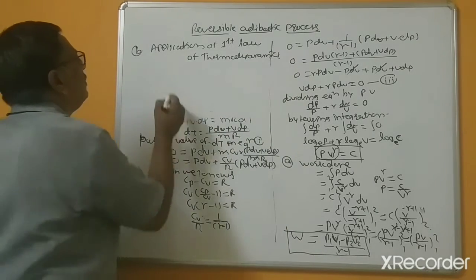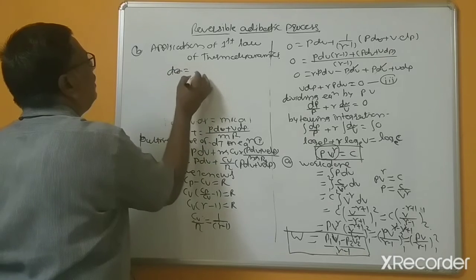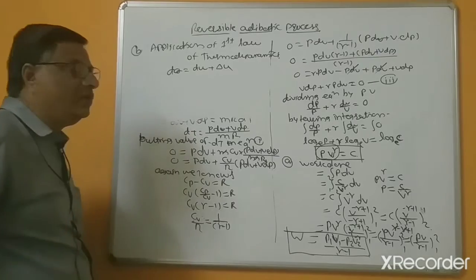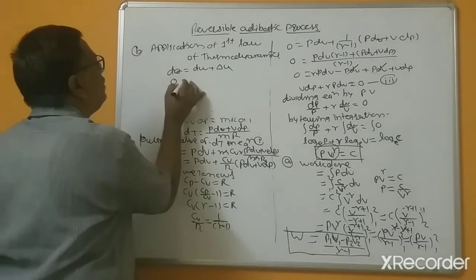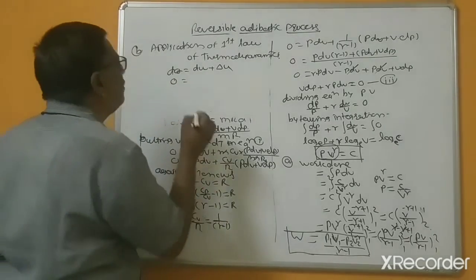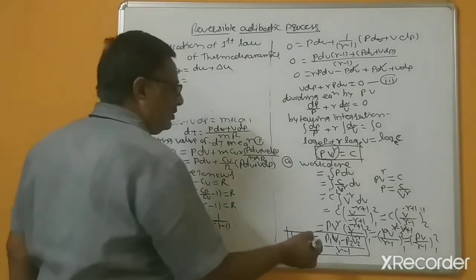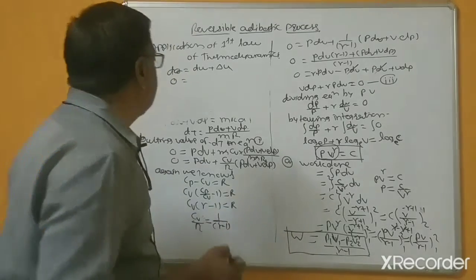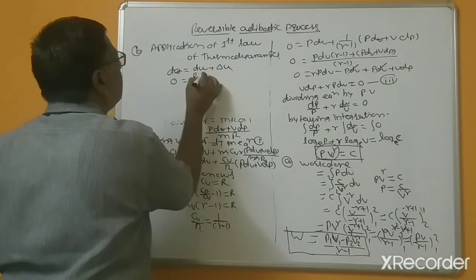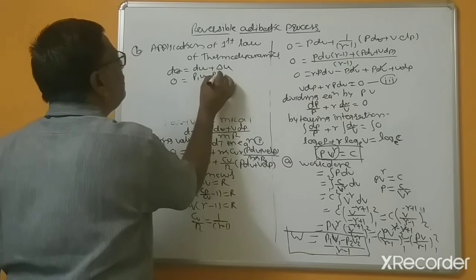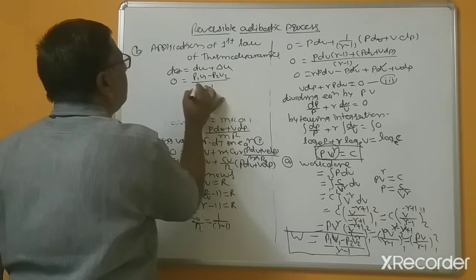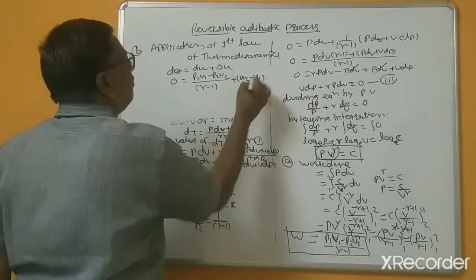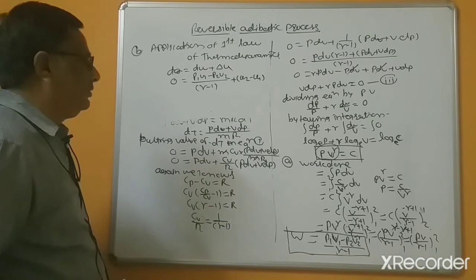Yes, dq equals dw plus delta u. Now dq is 0 and dw equals the work done (P1V1 minus P2V2) divided by gamma minus 1, and this is U2 minus U1.